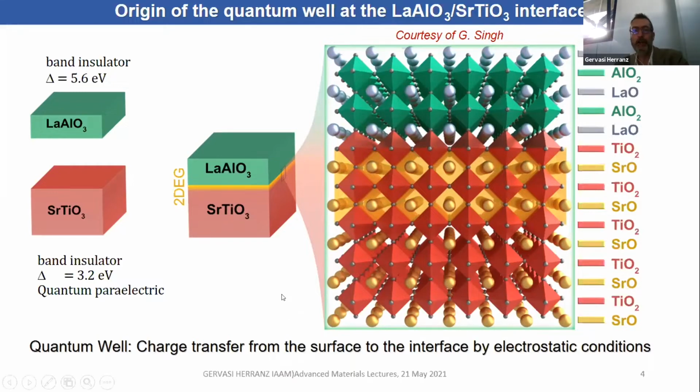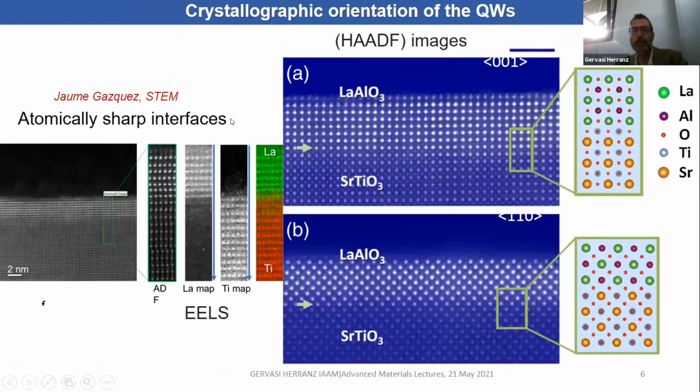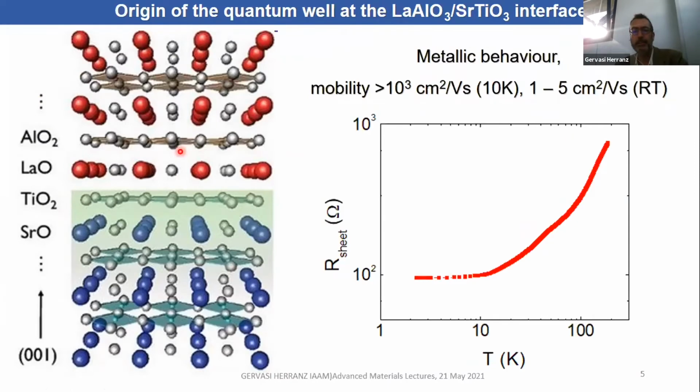So, what are the basic properties of this system? The first thing we should say is that it is a metallic system. Here I show the typical dependence of the sheet resistance versus temperature.